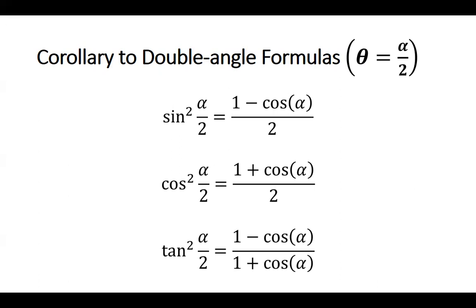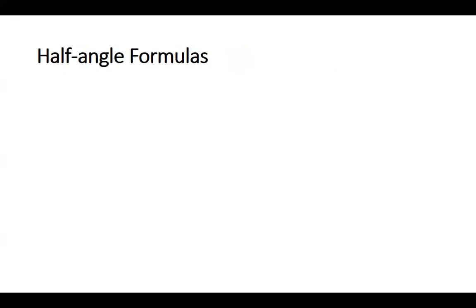So you can see that all we did was, instead of using theta and having 2 theta in the right-hand side of the equation, we're now making theta equal to alpha over 2 and using alpha in the right side of the equation. So we just divided our angle by 2 on both sides. So that's why it's another corollary. It's just a rewriting of the same thing.